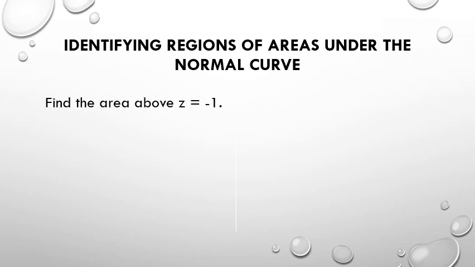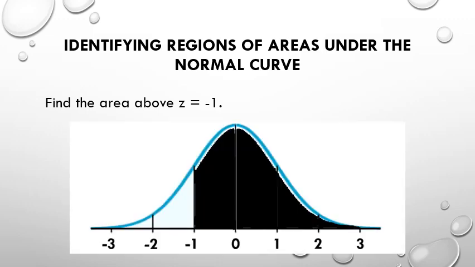Next example. Find the area above z equals negative 1. So, unsa may dagway sa graph ani? It is above negative 1. The z value is above negative 1. So, ang iyang shaded portion, gikan sa negative 1 going to the right. Right side sa negative 1. So, unsaon nato pagpangita ang iyang area aning region nga above negative 1?